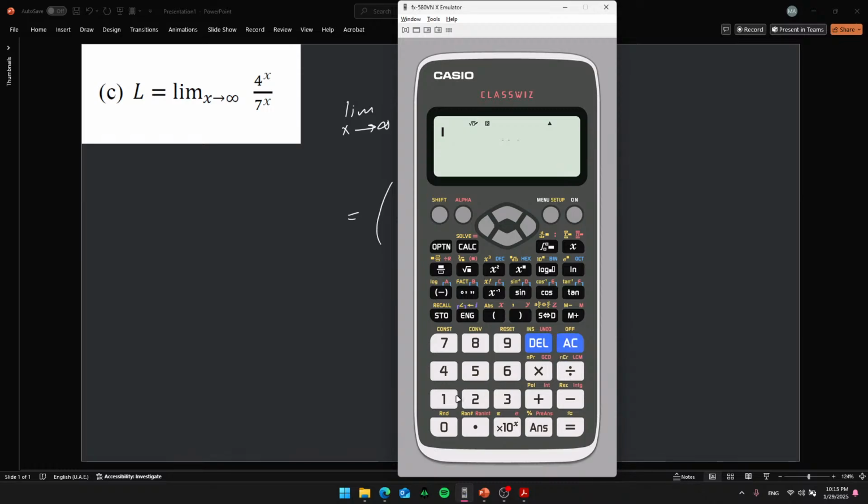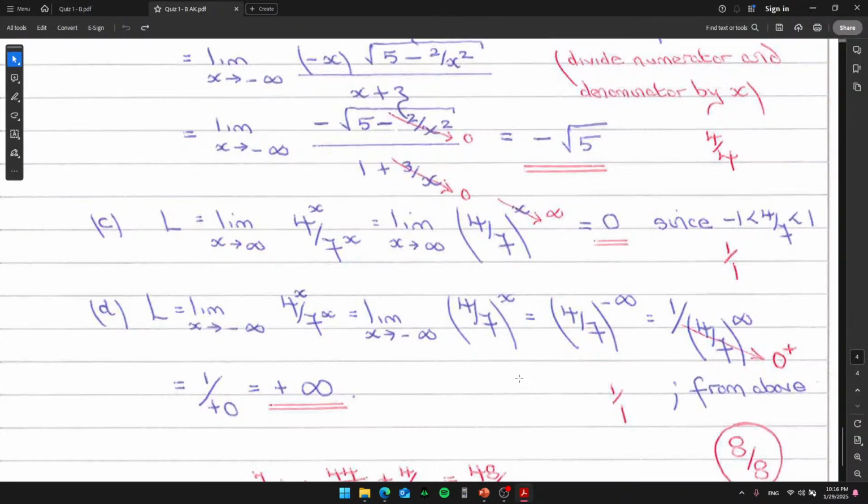When you have a number raised to infinity, any number less than 1, since 4 over 7 is a fraction, it's less than 1.